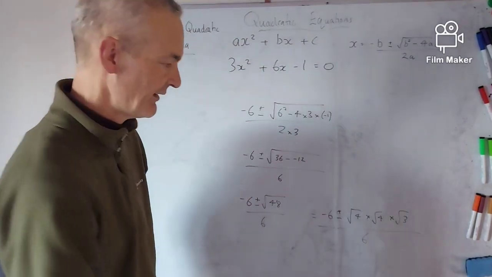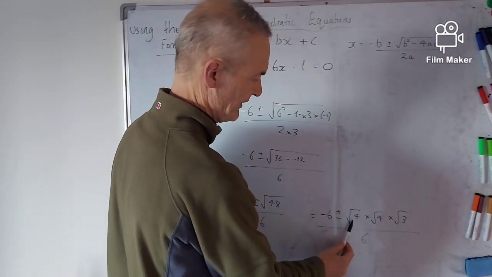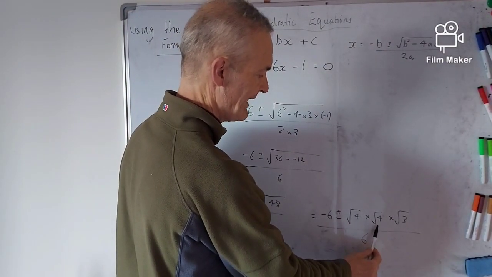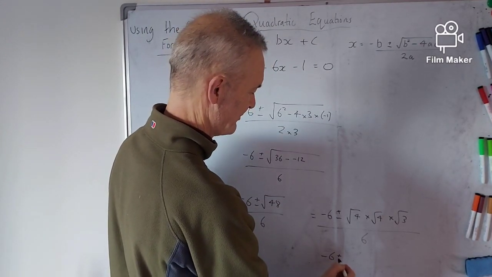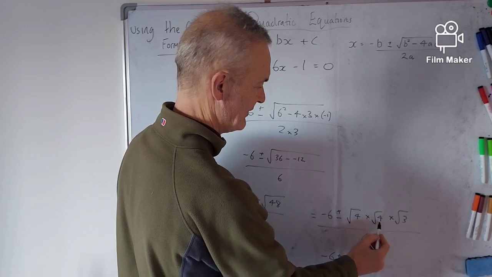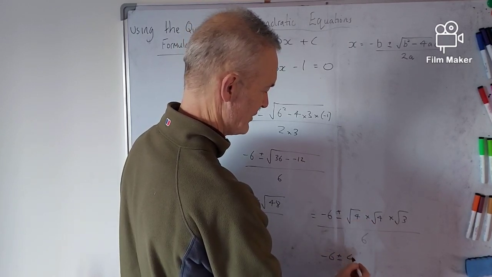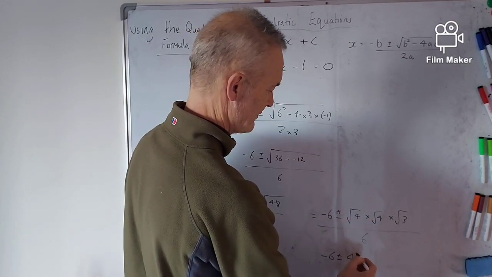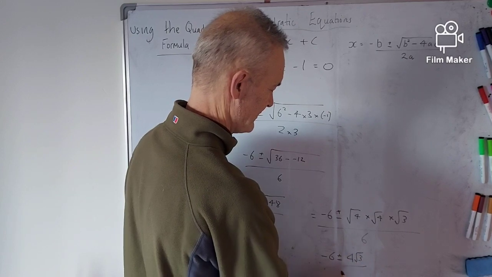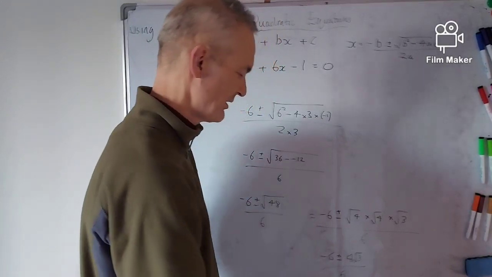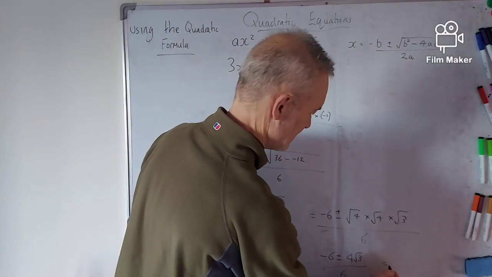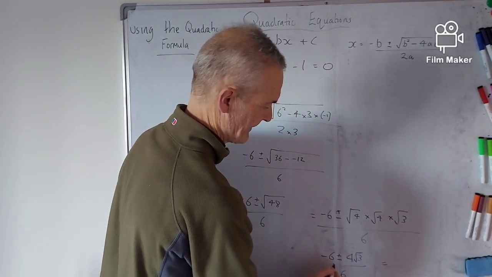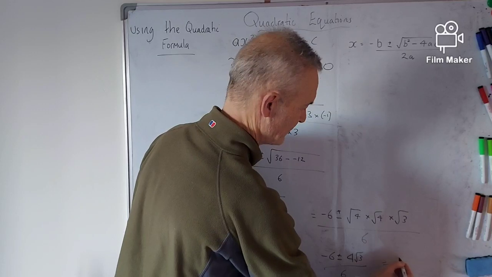And then hopefully you can see that root 4 is 2 and root 4 is 2 here. So I can do minus 6 plus or minus, this is going to be 2 times 2, which is 4, root 3 over 6, like so. And we could just simplify it a little bit more. Minus 6 over 6 is minus 1.